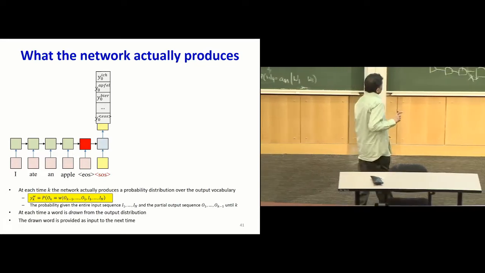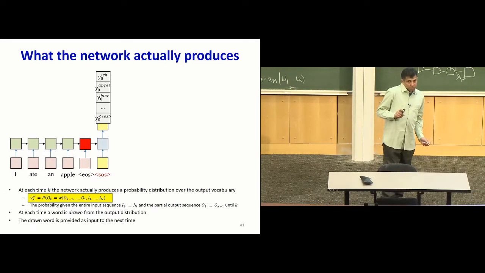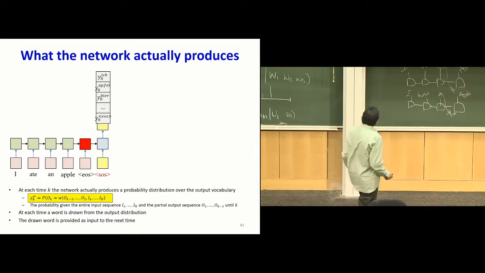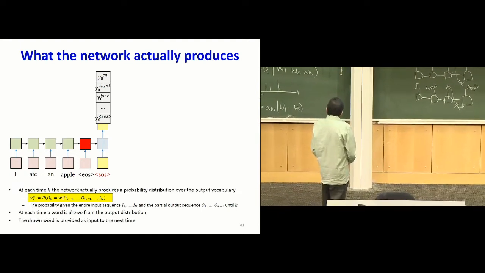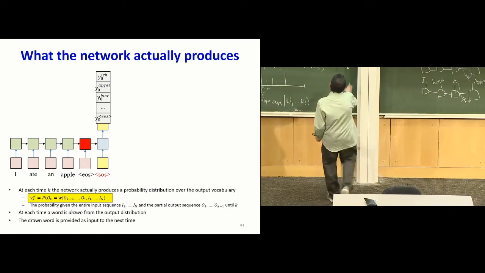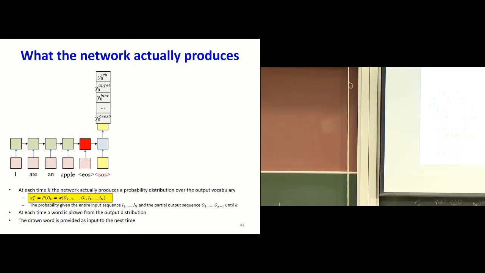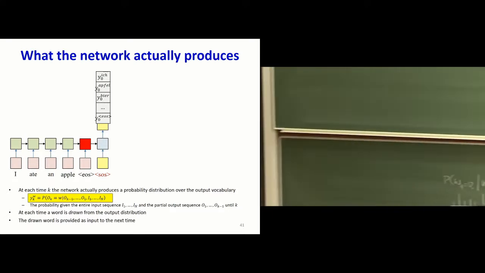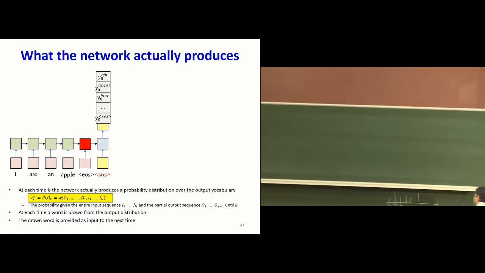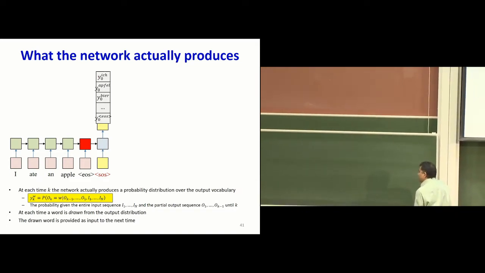Now, what does the network actually output? We are going to go back to this notion of probabilities. So let me see if I can explain this properly.